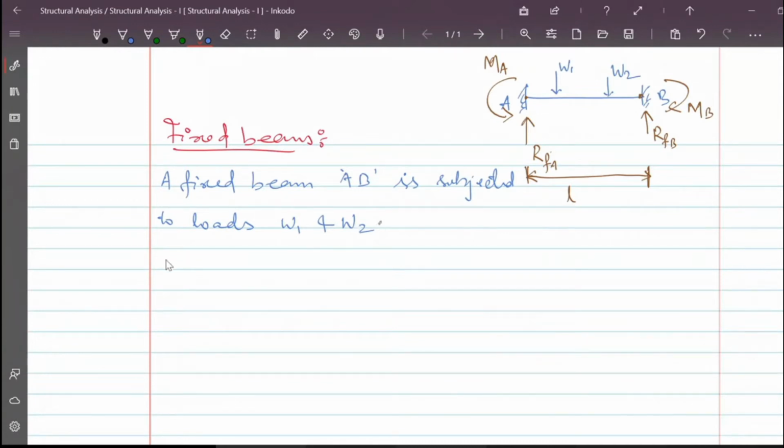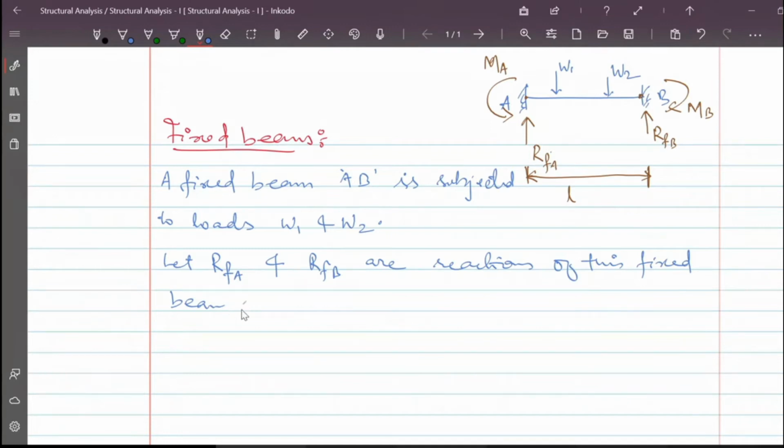Now, another point is, let RFA and RFB be the reactions of this fixed beam AB.